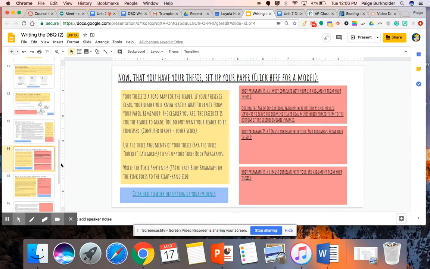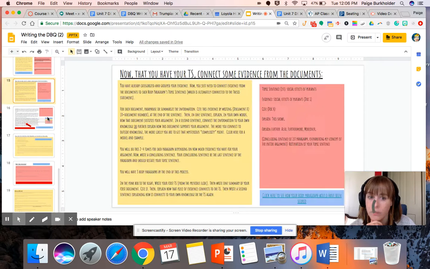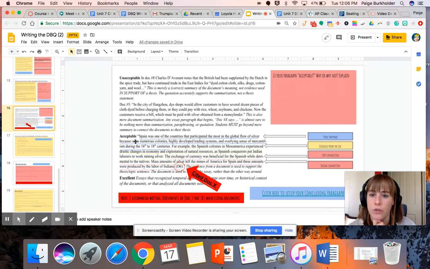Let's go back. Okay, your conclusion. Oh, before we do that, I want to show you an example of a good start to a body paragraph. So this person has a topic sentence. They have this example right here, 1 sentence, paraphrased, and then they have 2 pieces of explanation, a connection of this example back to their topic sentence.